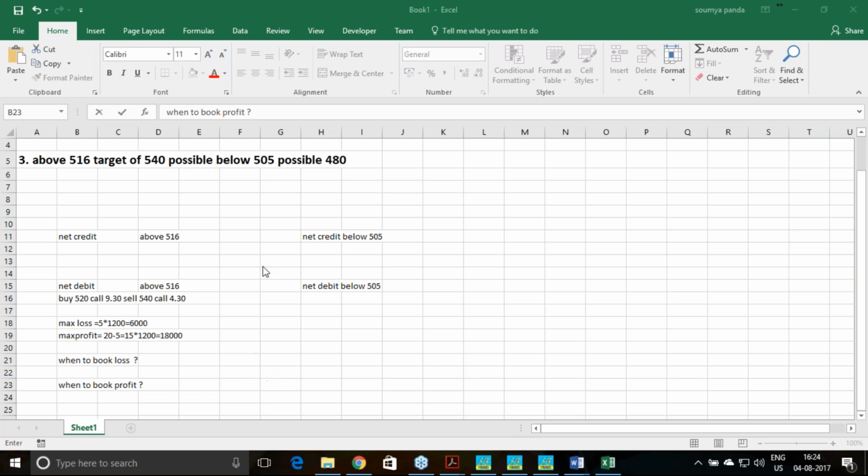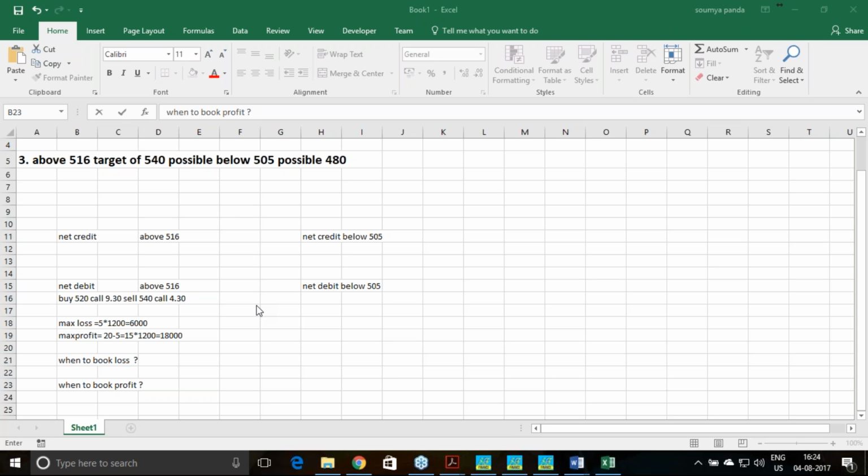Here SM Suresh is telling that if it falls below 505, then book loss and come out. All must participate. Profit above 540, if it is moving, I should book the profit.